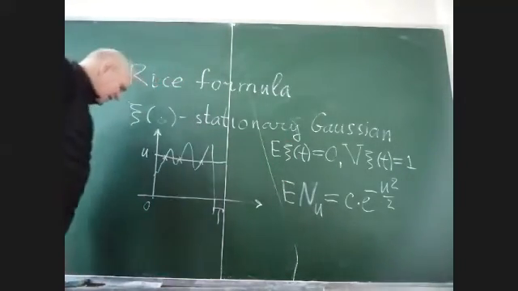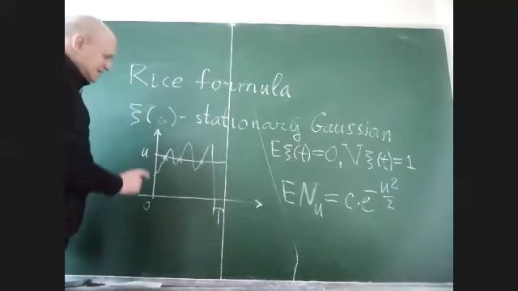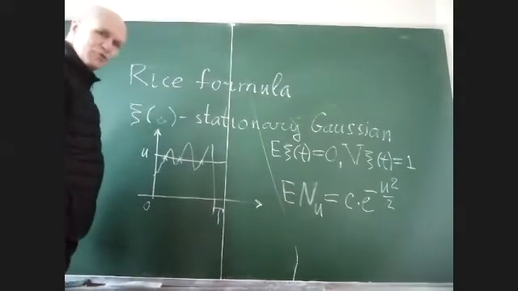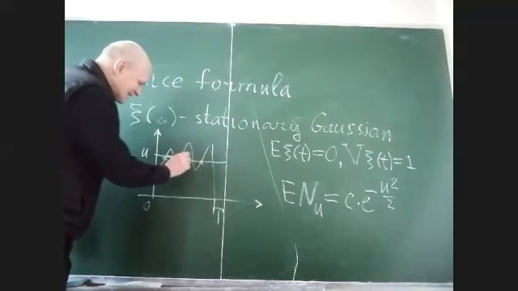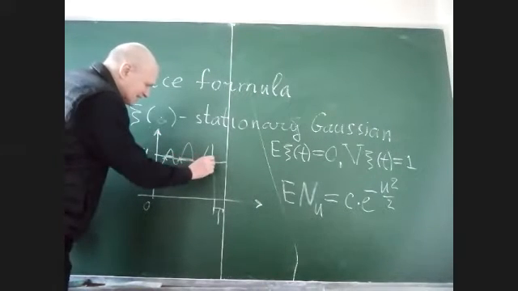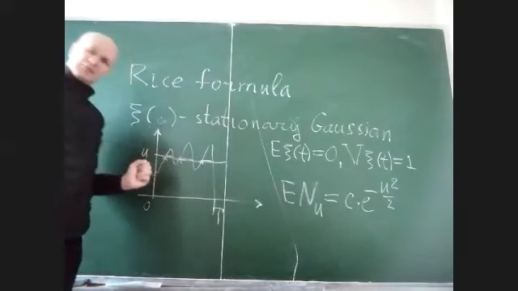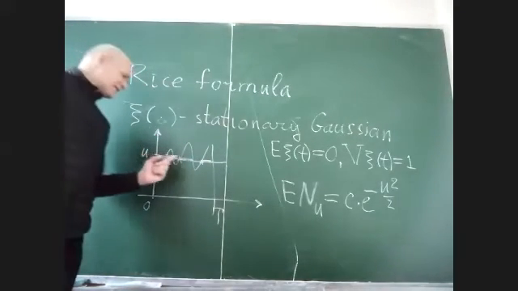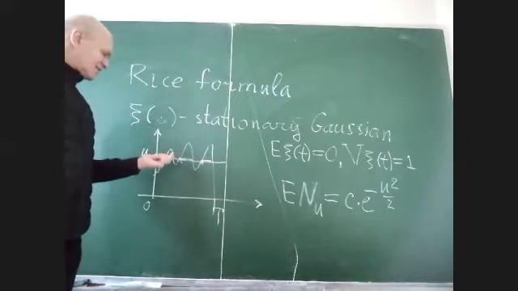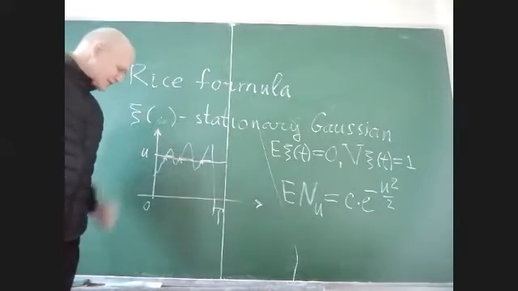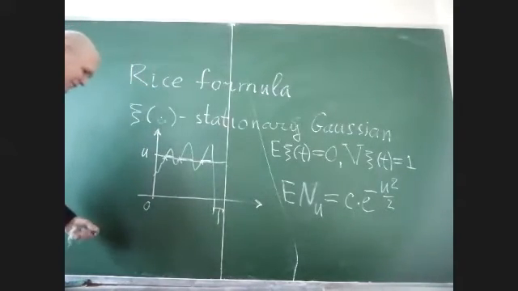We discussed this last time and agreed that instead of calculating upcrossings, I can calculate these intervals. This is for smooth trajectory. And instead of the number of occurrences, we have the number of such intervals. And we produce the following definition.